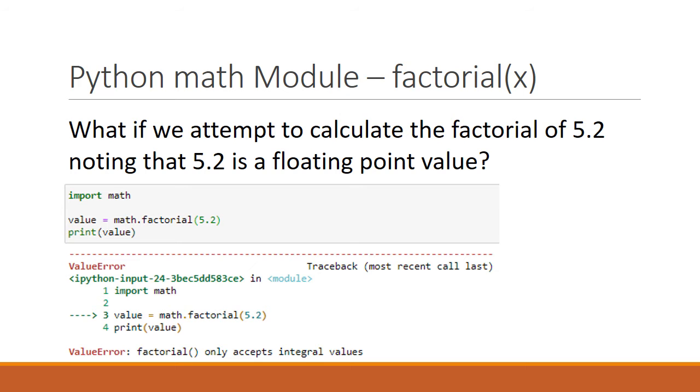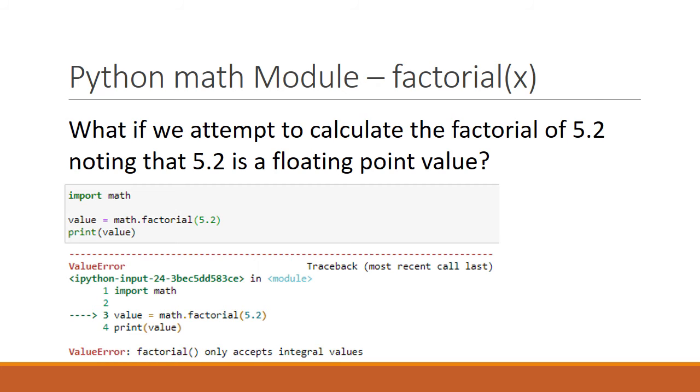So what happens if we attempt to calculate the factorial of 5.2, noting that 5.2 is a floating point value? When we pass in a floating point argument into the parameter x, an error is generated, and this is the output that you would get to describe this specific error.